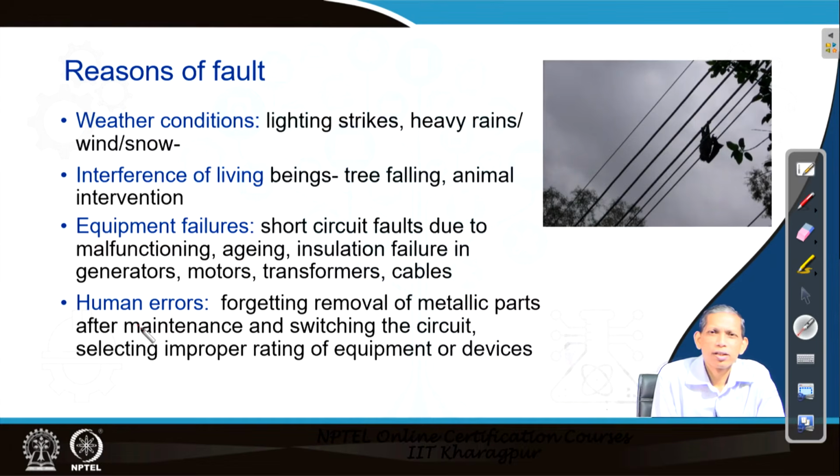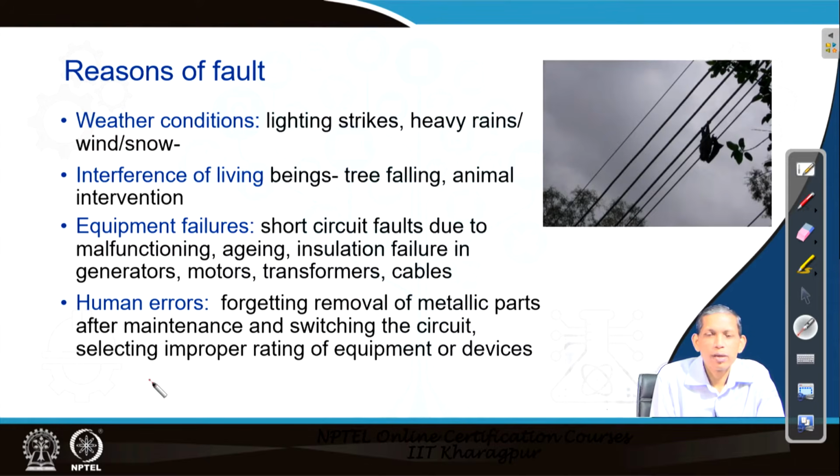Human errors, in this case maintenance crew people sometimes forget removal of metallic parts from the phase conductors, and then if we restore the supply, that results in a dead short circuit.